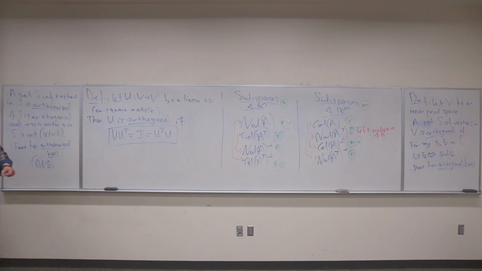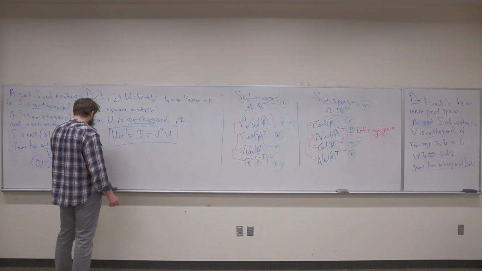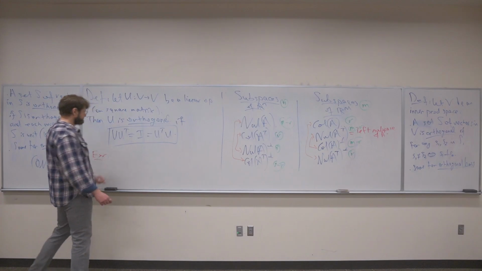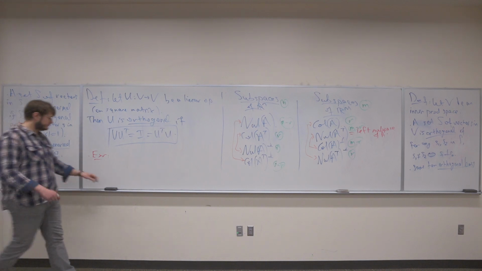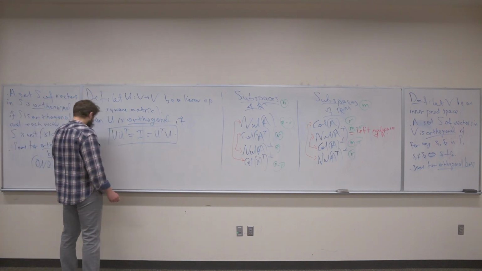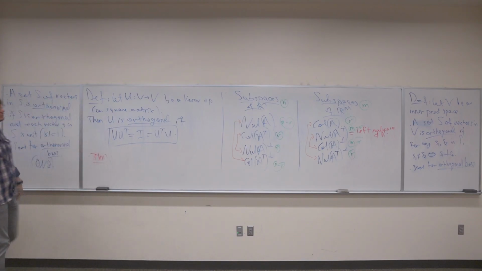Maybe I'll leave it as an exercise. I'll just leave it as a theorem, perhaps. Maybe this is too hard for an exercise. I believe this is in the textbook.